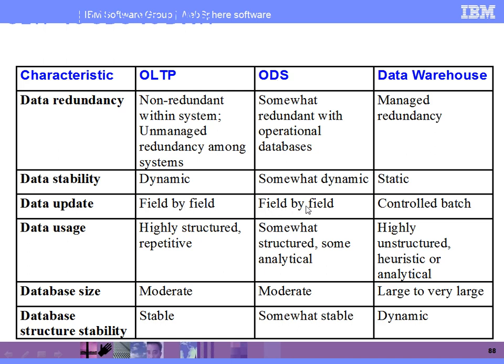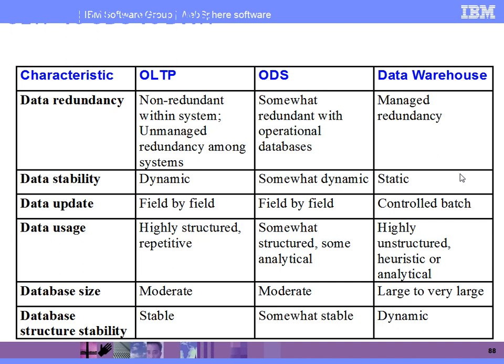Data update wise, OLTP updates field by field. In ODS also we update field by field, but in the warehouse we have a huge amount of data. To update that huge amount of data, we write some ad hoc queries, and those queries load or update the data in the database tables. Usage wise, OLTP has highly structured, representative data. In ODSs we have somewhat structured data, and somewhat analytical data.